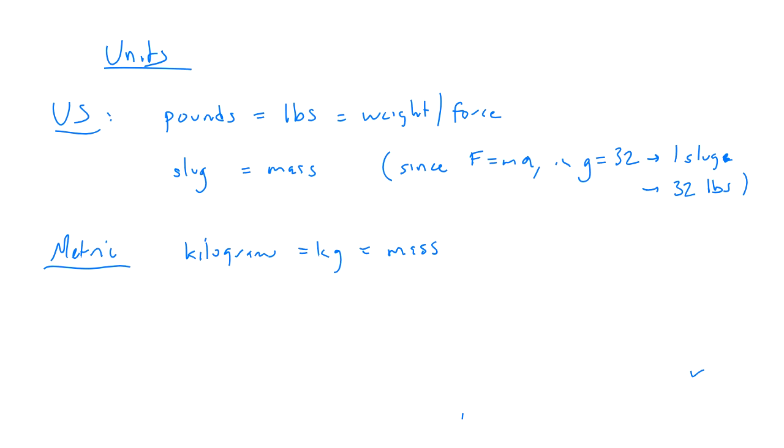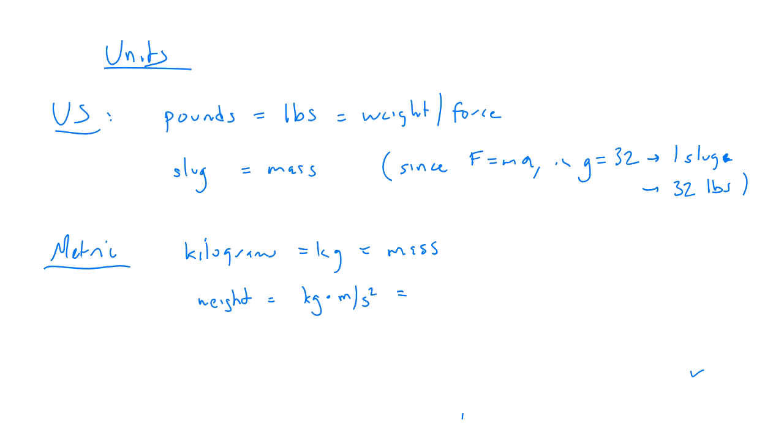In some ways, there are two ways of doing it. One is just, this is what it is. It's kilograms times meters per second squared. So kilogram mass times acceleration, like the last one.